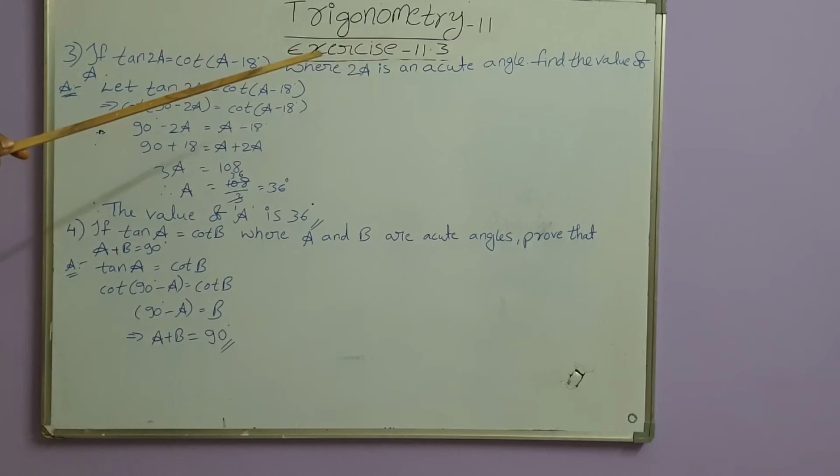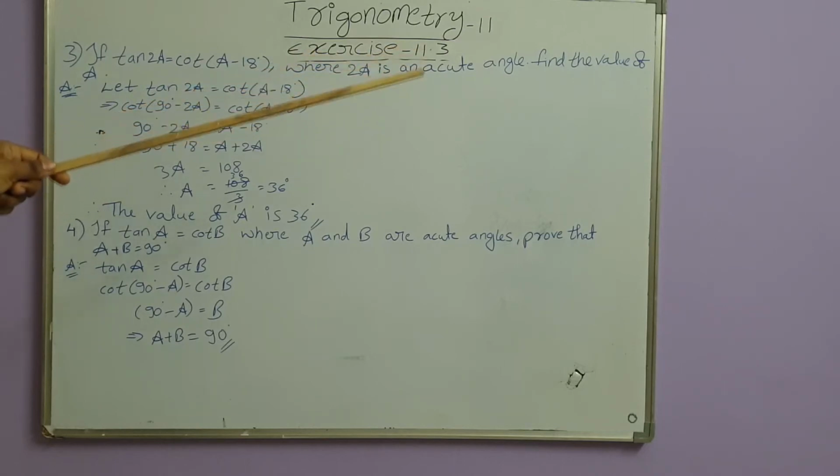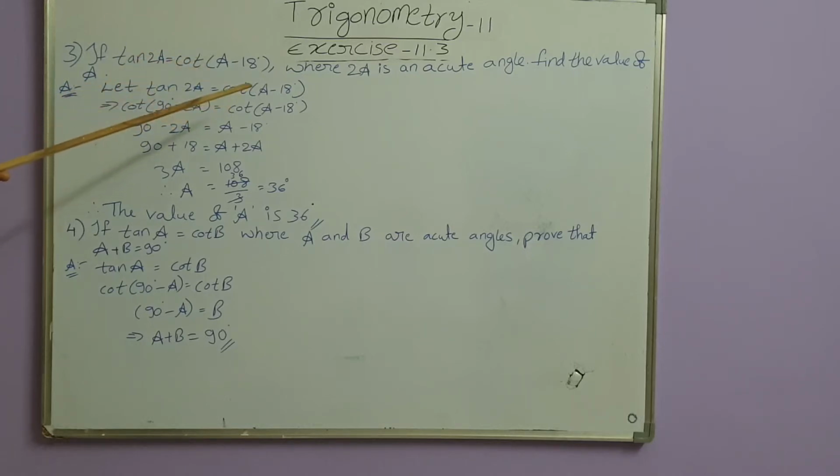In this third question, if tan 2A is equal to cot of A minus 18 degrees, where 2A is an acute angle, find the value of A. Let tan 2A be equal to cot of A minus 18 degrees. Write tan 2A in cot form: cot of 90 degrees minus 2A is equal to cot of A minus 18 degrees. These two cots cancel. We have 90 minus 2A is equal to A minus 18.